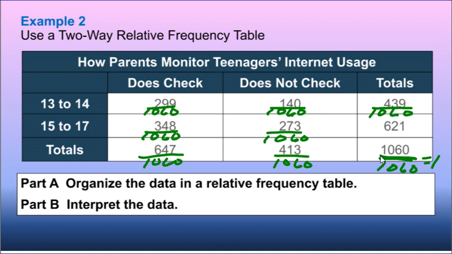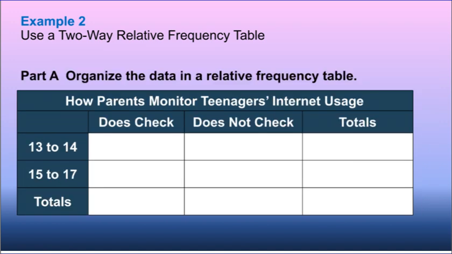I'm going to write the percentages in the next slide, but here you can see the numbers. We're going to do 299 divided by 1060, and we're going to round to the nearest tenth of a percent. So three digits, but there's going to be a decimal in there. This one gives us 28.2%.